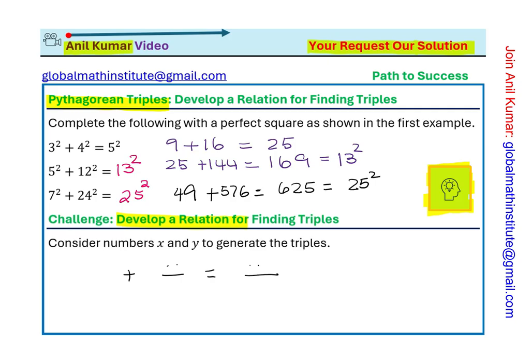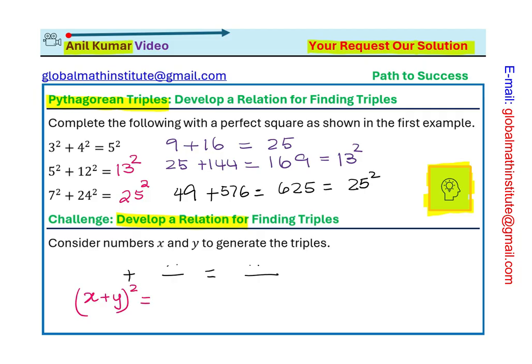Now, to derive a very general formula, we are going to use a different strategy. The strategy here is, after all, what is a plus b whole square, right? So let's look into that. So we'll now explore. Let's say we have x plus y, right? So x plus y whole square is equal to what?